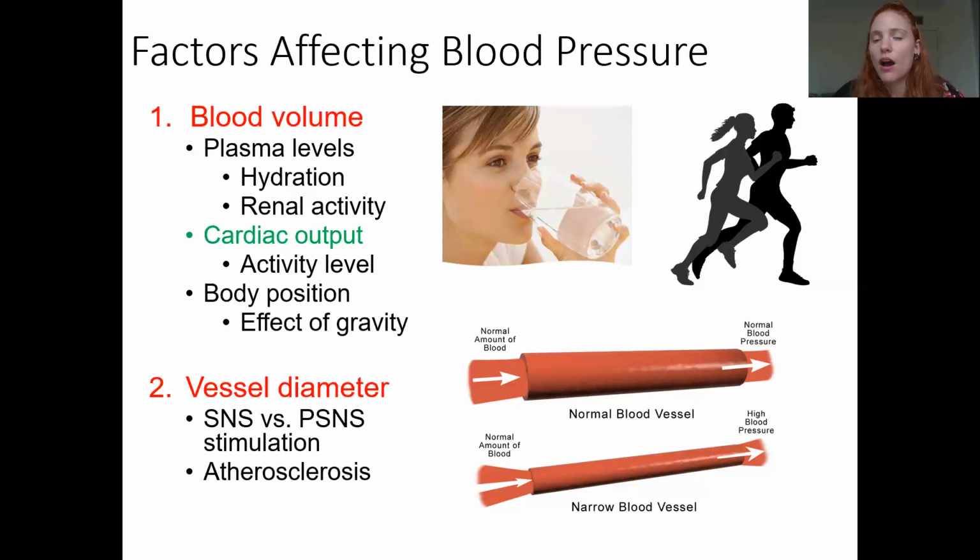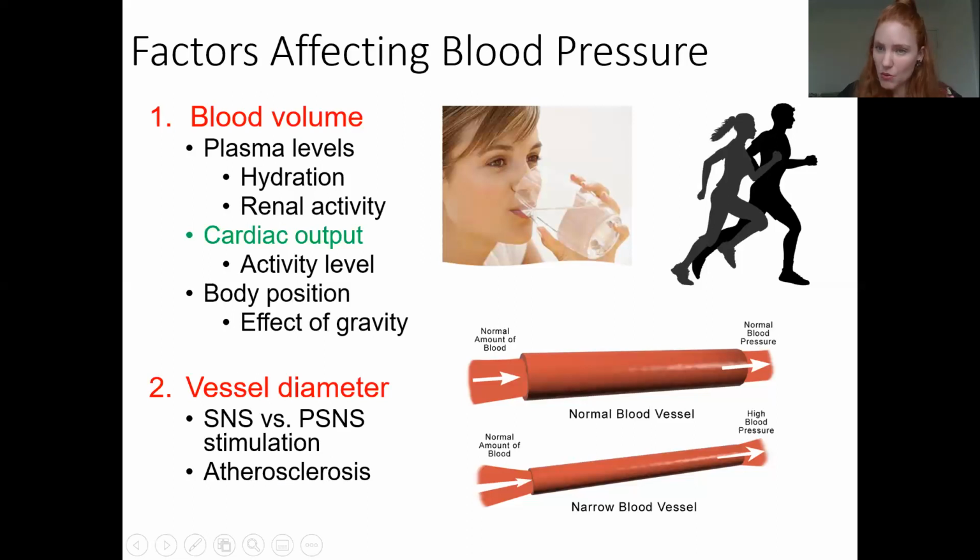Those are going to be regulated by the autonomic nervous system. The sympathetic nervous system usually constricts it, and the parasympathetic nervous system usually dilates it. There are some exceptions to that. Also, atherosclerosis, remember, is narrowing of the blood vessels.